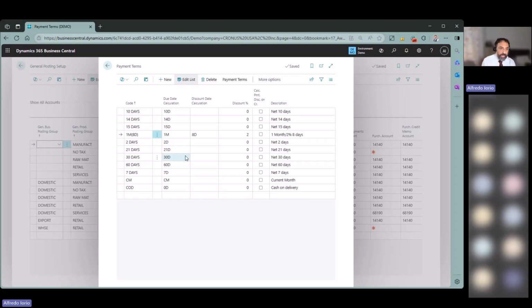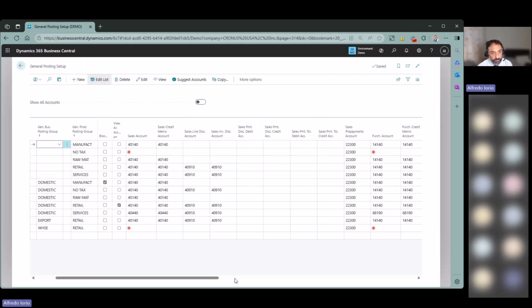So if you pay me within 8 days of the invoice, you will get a 2% discount. If you pay me after 8 days, but before the invoice is due, you will get no discount. So the payment discount is linked to the payment terms. Payment discount, debit and credit, and this is sales payment total, because you can have a payment discount on the actual lines or on the invoice total.